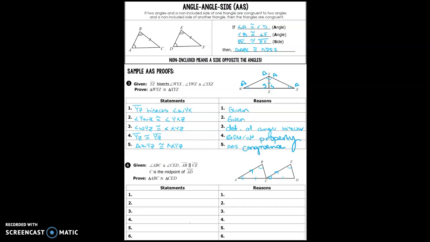And so let's start in with our proof. So we know that angle ABC is congruent to angle CED, and that's because it's given to us. And we also know that AB is parallel to CE, also given to us. And now C is the midpoint of AD, also given to us. And now based off of this information, we can tell that AC is congruent to CD, and that is because that's the definition of midpoint.